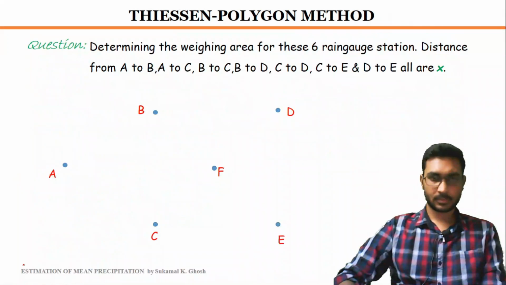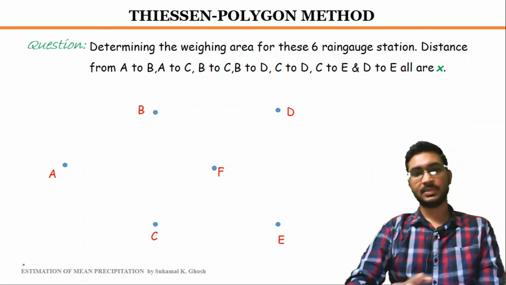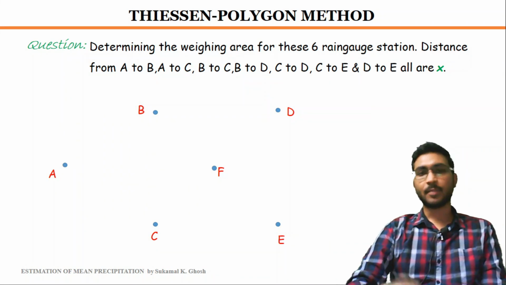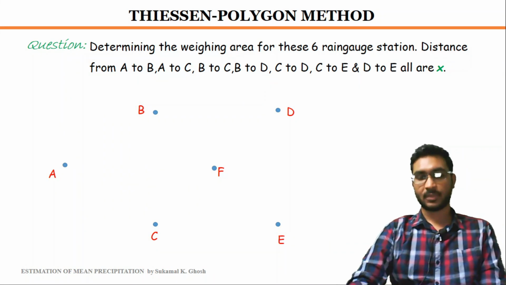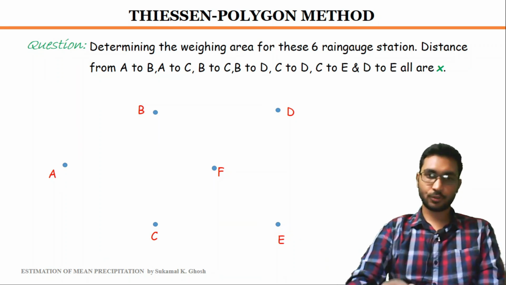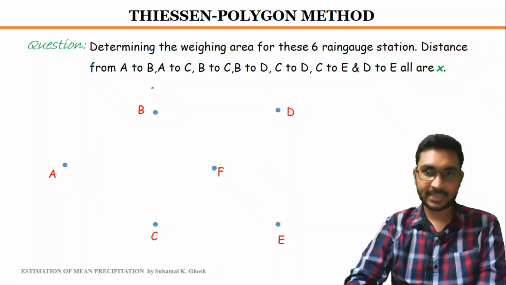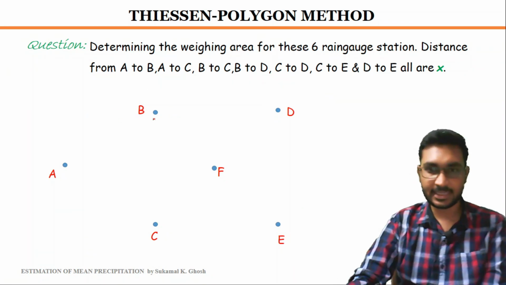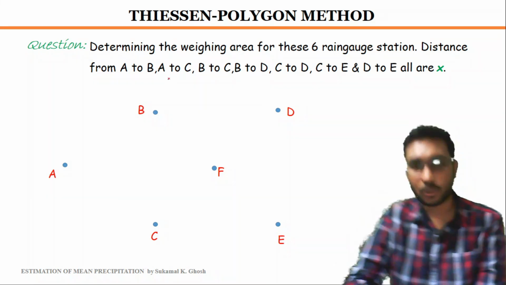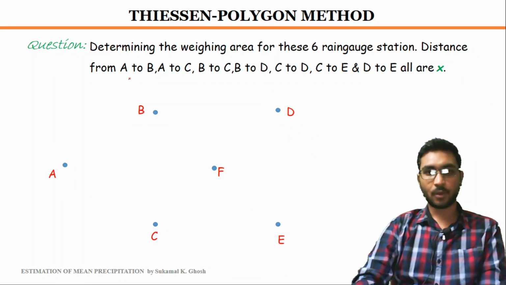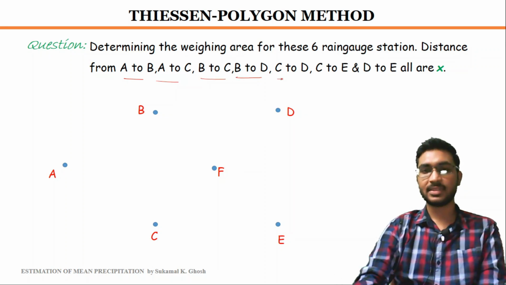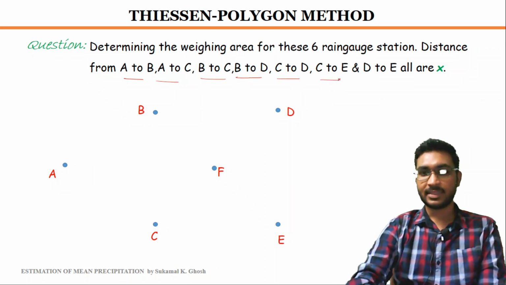Now this problem asks us to determine the weighing area for these 6 rain gauge stations: A, B, C, D, E and F. It is also given that the distances A to B, A to C, B to C, B to D, C to D, C to E and D to E are all x.